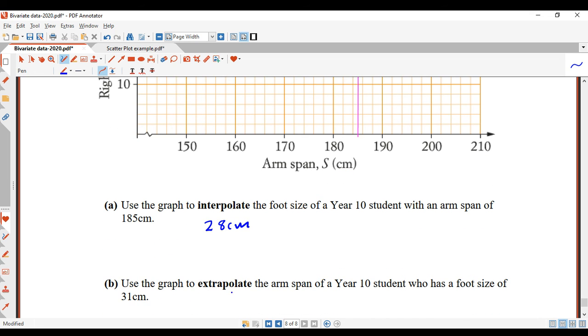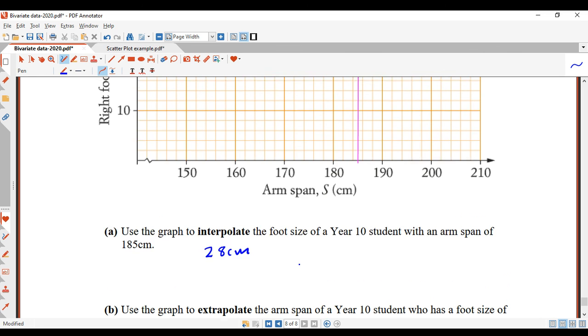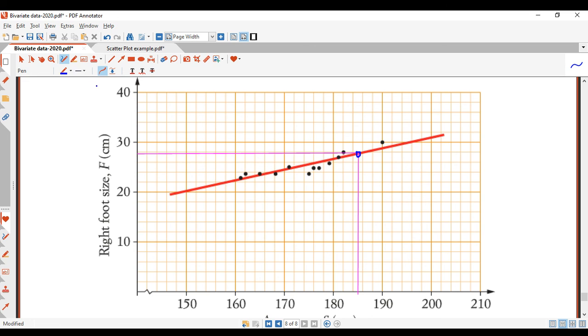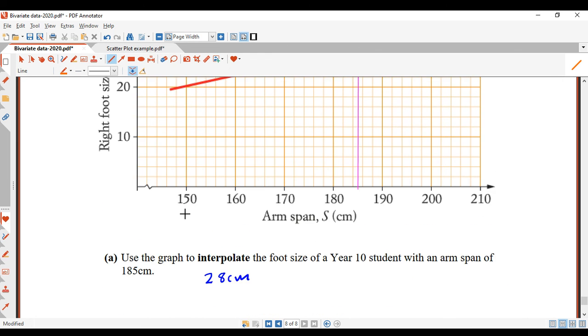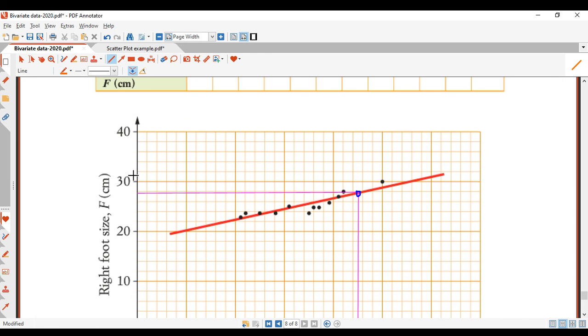Use the graph to extrapolate the arm span of a Year 10 student who has a foot size of 31 centimeters. So let's just go back to the line tool, and let's choose a different color this time. Now we're going to go to 31 centimeters. So 31 centimeters is approximately here. So we're going to go across. There we go. Maybe I should use a different color for that one.